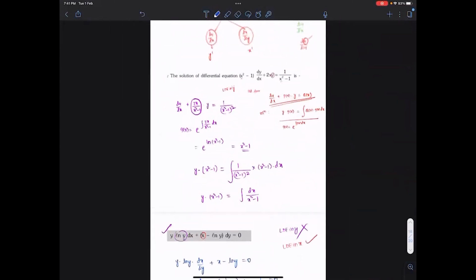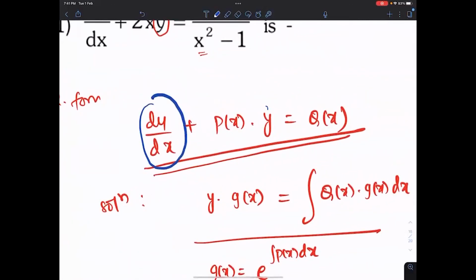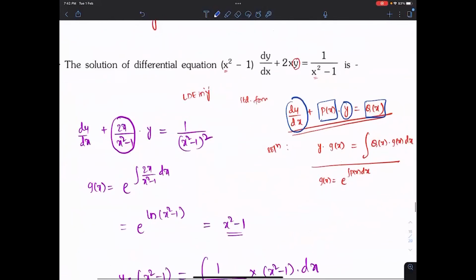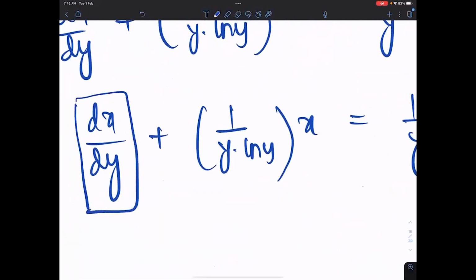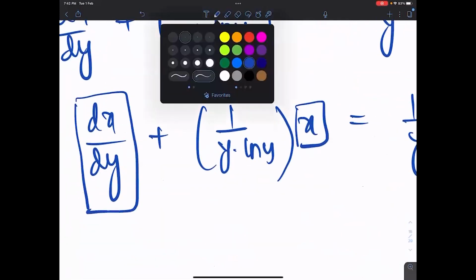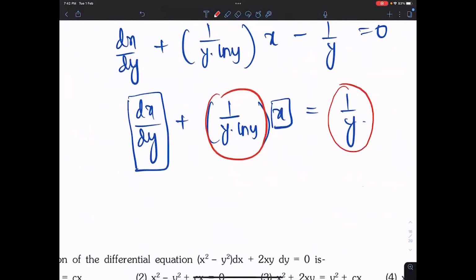Previously, in this form, whenever dy/dx is there, y will be there, and the remaining two functions will be in terms of x. Now if you write dx/dy, it should be reverse. Here x will be there, and the remaining two, whichever are there, should be functions of y. Yes, they are like that.